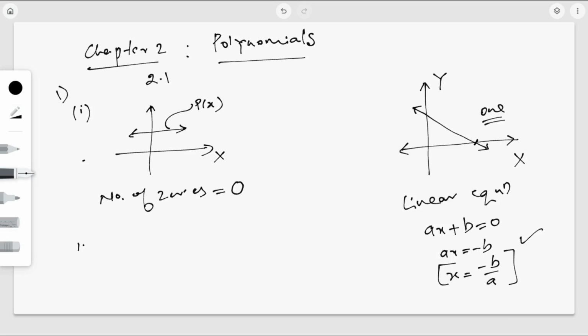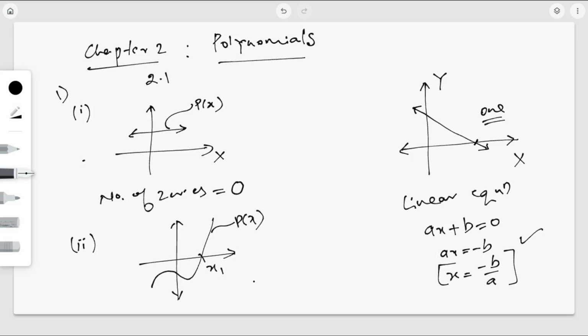So in the second case, the nature of the graph is somewhat similar to this. So here this is my p of x. This p of x is intersecting the x axis at one point.